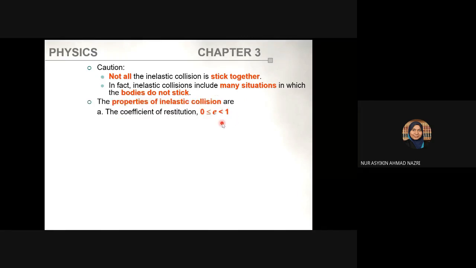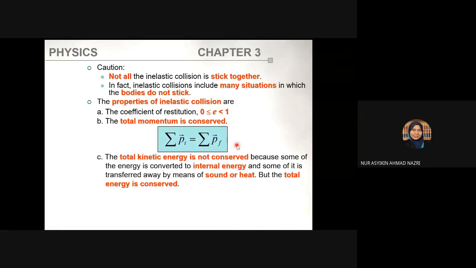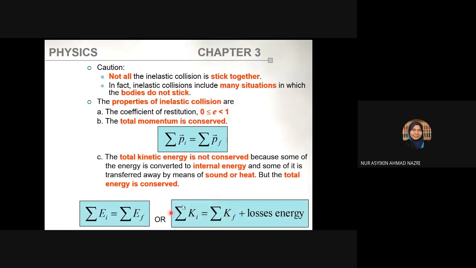So what are the properties? The coefficient of restitution is between 0 and 1. The total momentum is conserved, and total energy is not conserved. So this does not allow you to use the conservation of kinetic energy equation, but you can still use total energy. Understand?